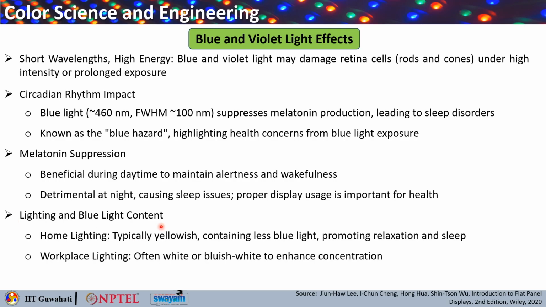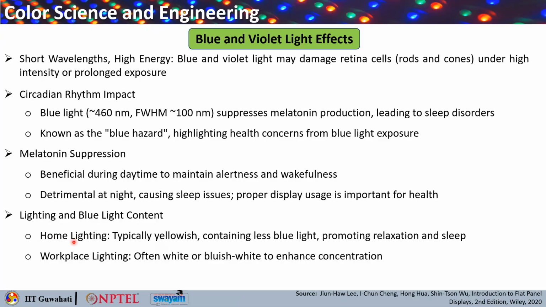So, lighting and blue light content. When you do home lighting, typically you should use yellowish light because it contains less blue light. That basically promotes relaxation and sleep. So, people go for yellow warm kind of light. If you want to buy an LED bulb these days, you get two options, cool daylight and warm.